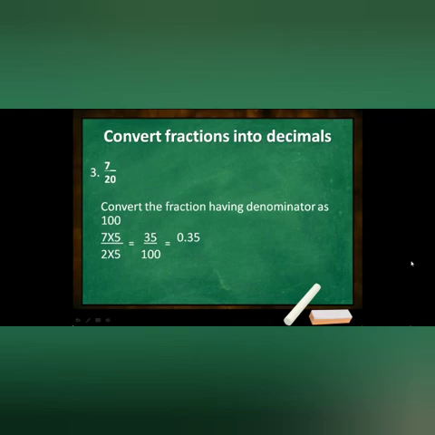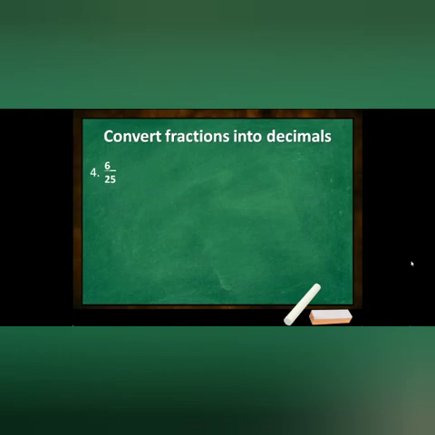So what will be the fraction? 35 upon 100. So how many zeros are here? 2 zeros. So for 35, the numerator, you will count 2 digits, 5 and 3, and then you will put a point. So it will be 0.35. So 7 upon 20 is equal to 0.35.